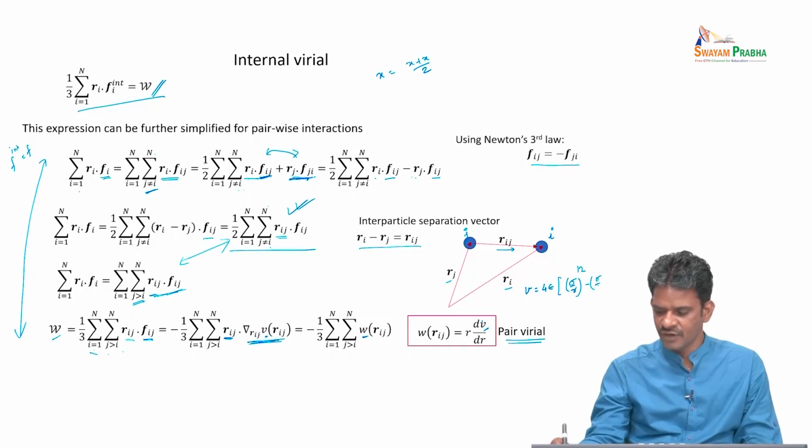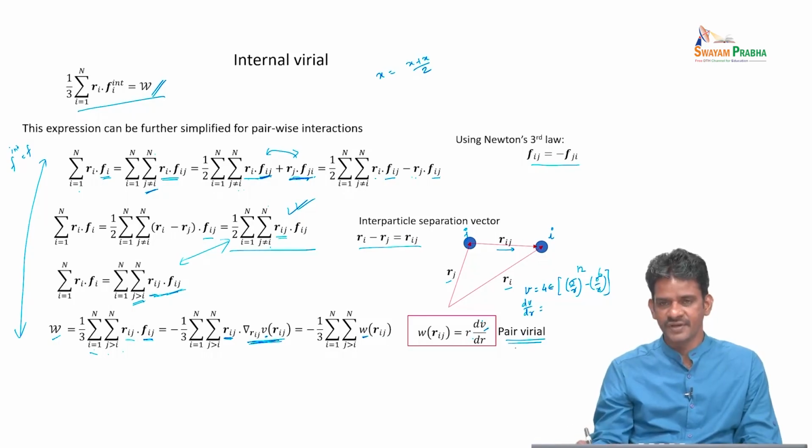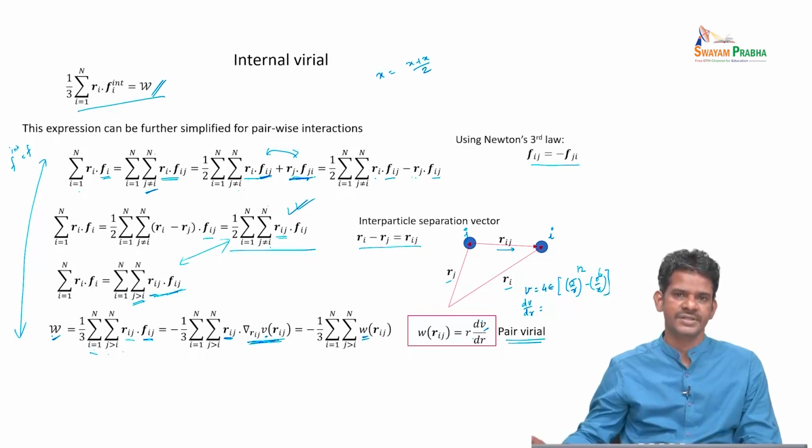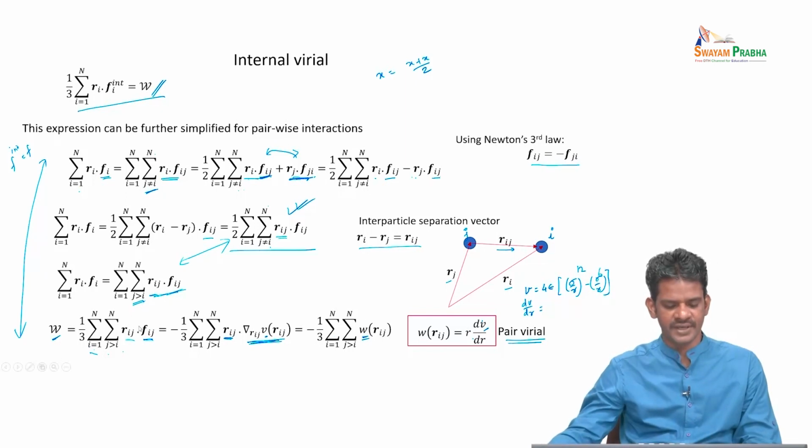Then we take the derivative of v with respect to r and multiply that with r. That is an expression for pair virial, and that pair virial is calculated for all the pairs in the system, and that is what gives you the internal virial, capital W, which will be used for calculating the pressure.